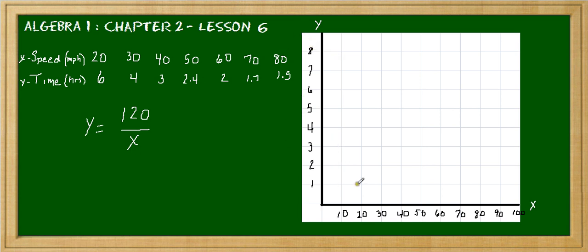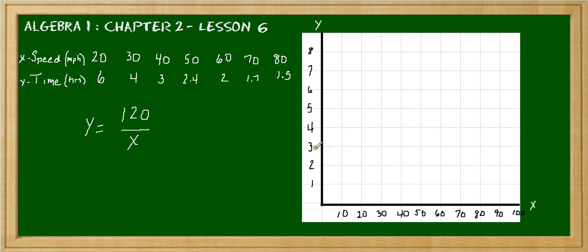Now I've already created the scale here, and as you can see, it's not proportional, because we would not have enough room to put 100 units. So we are going to go with 1 unit on the y-axis going up, but we're going to go by tens across.